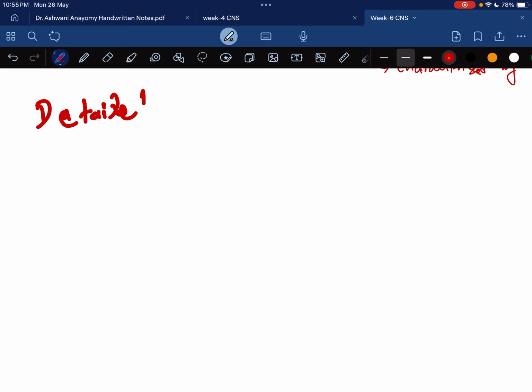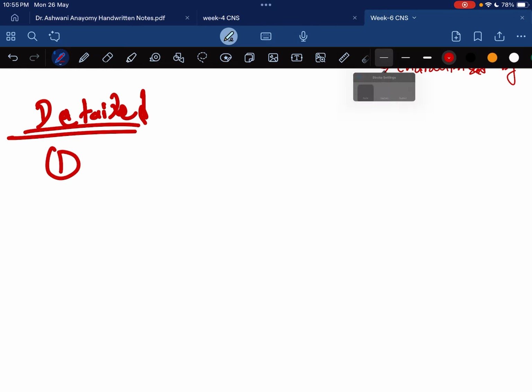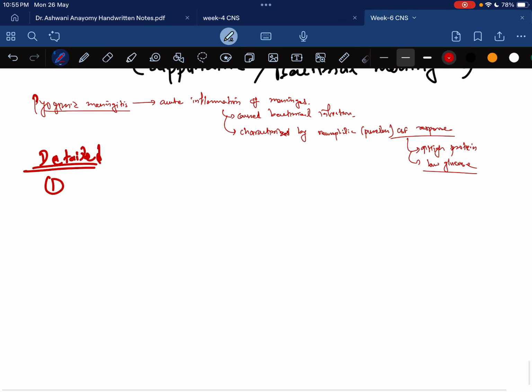For the organism, as already noted, it is Streptococcus pneumoniae.